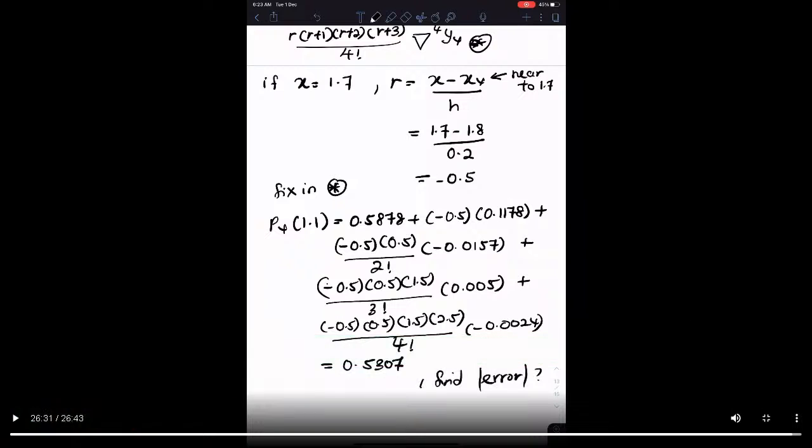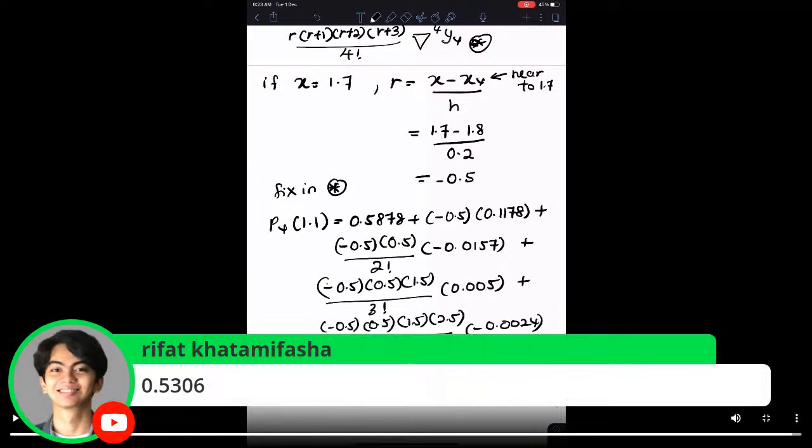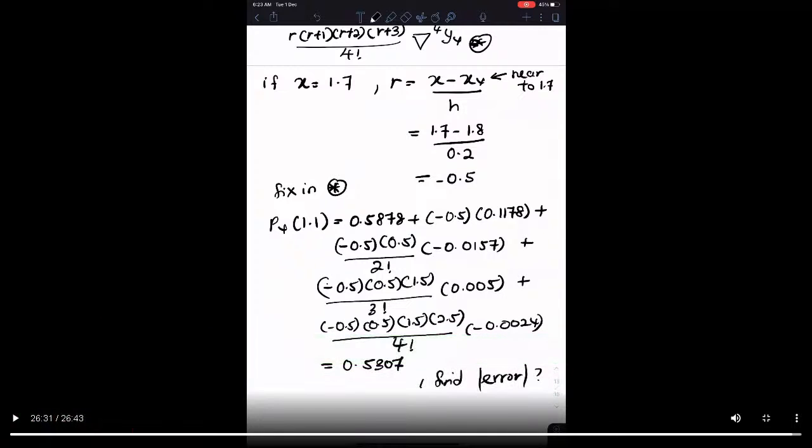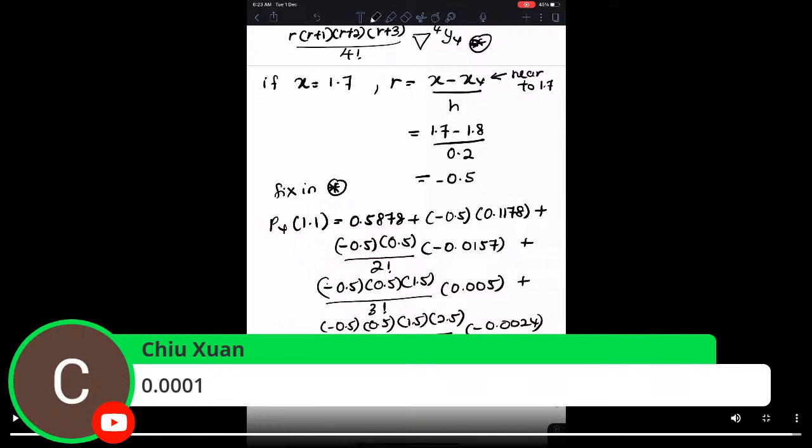So you can see that your calculator says ln 1.7 is 0.5306, but the value that we get is 0.5307. So the error is 0.001. Very little, very minimum.